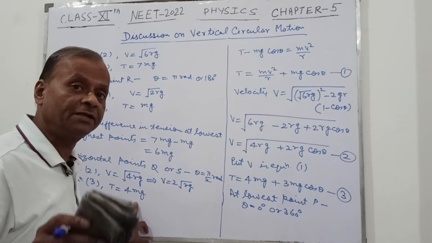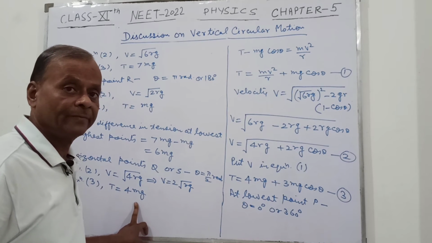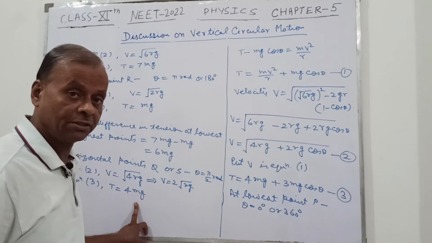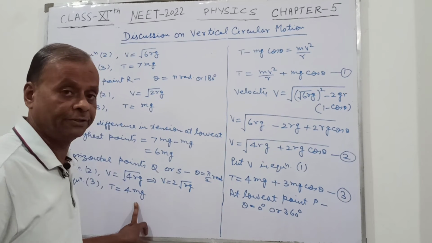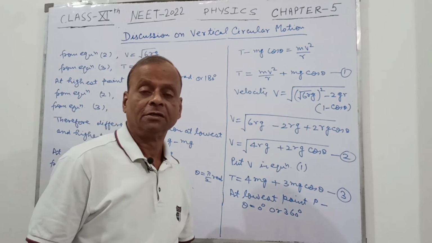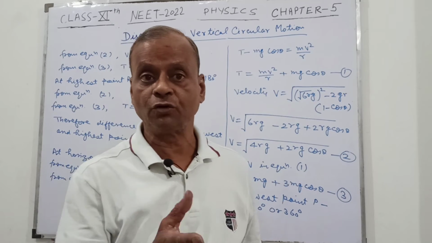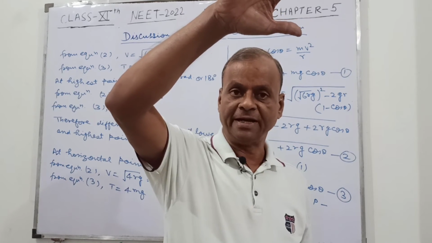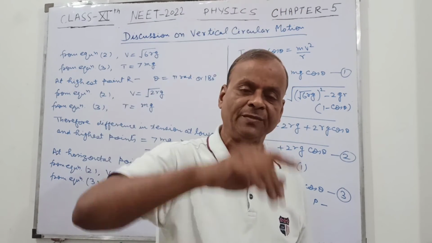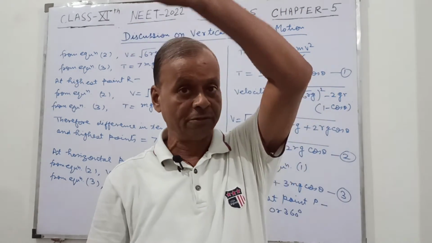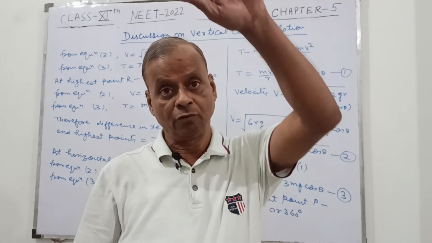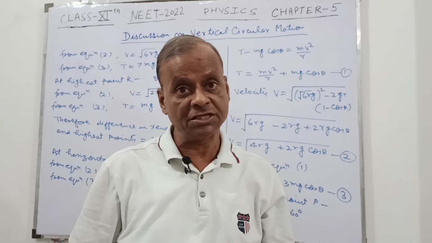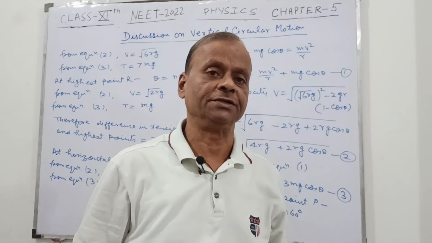It means that by increasing the velocity, the tension also increases at every point. So when the particle goes from lowest to highest point, the velocity decreases and tension also decreases. And when the particle comes back from highest point to lowest point, the velocity increases and tension also increases.